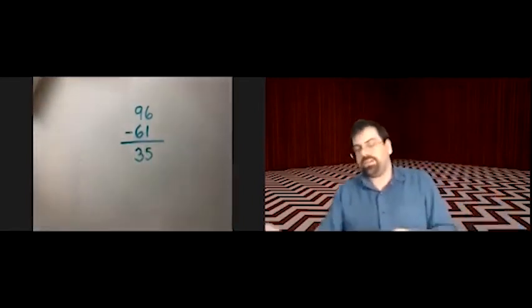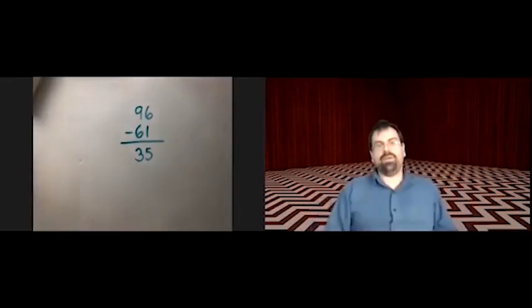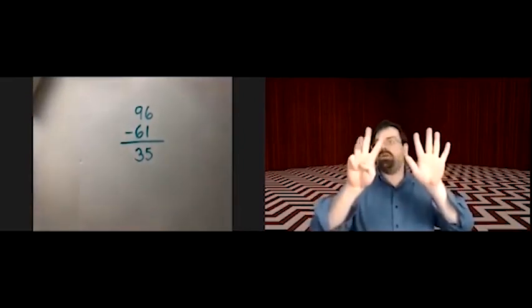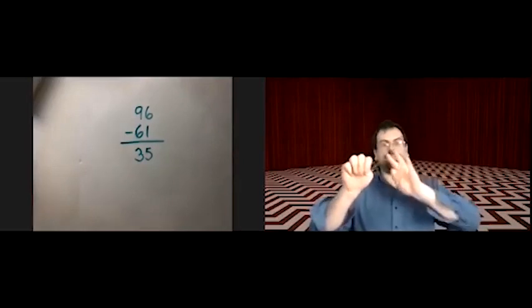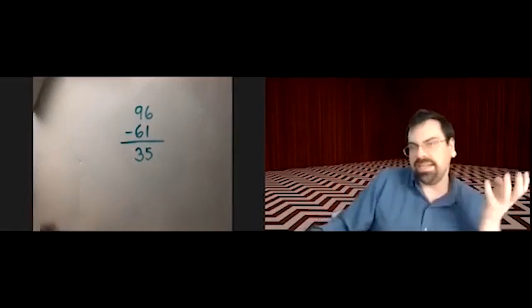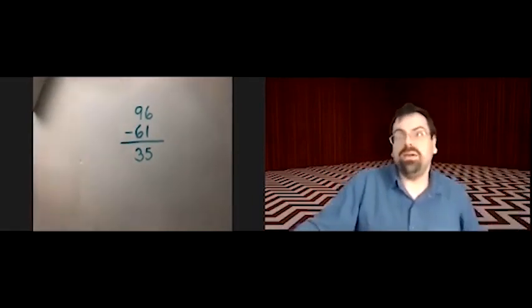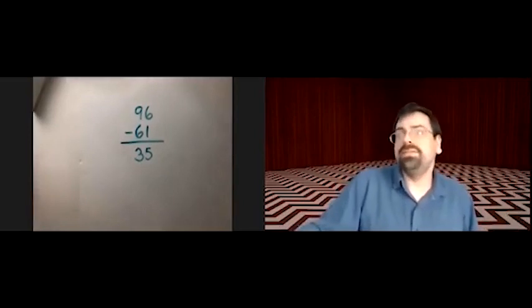You could use your fingers here too. 6 take away 1 is 5. 9 take away 1, 2, 3, 4, 5, 6 is 3. Subtracting is literally taking away. That's why you might have heard people say take away instead of minus.